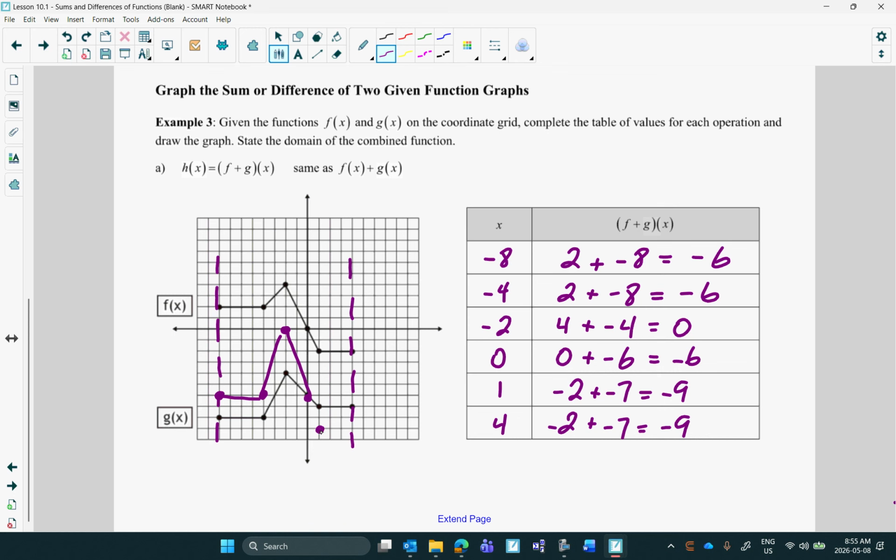Down there. And 4, -9. So that's what f plus g looks like. And so that's f plus g.